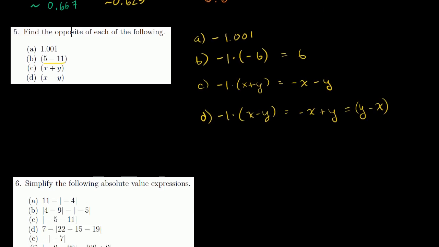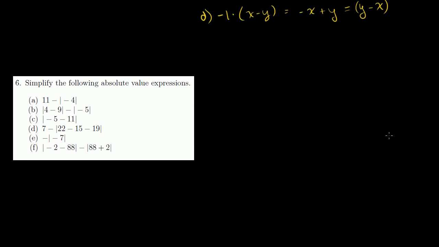All right, let's do a couple of these. Simplify the following absolute value expression. Absolute value is essentially telling you the distance from 0. So for example, if that's 0 and I have the number 4, how far is 4 from 0? The absolute value of 4 is 4.